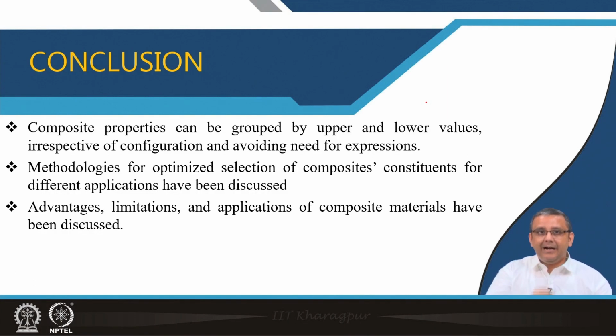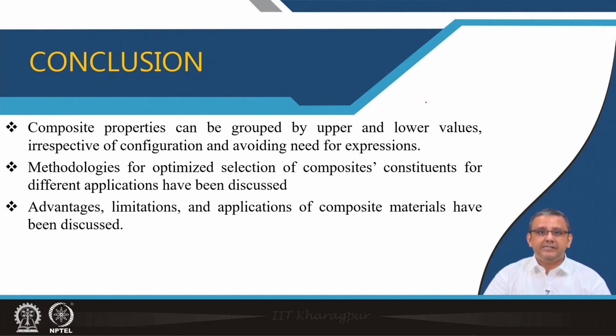So, with this we come to the conclusion of today's lecture. In this lecture we have discussed that composite properties can be grouped by the upper and lower values, typically called the upper bounds and the lower bounds, and irrespective of the configuration and orientation of the reinforcements, the properties of the composites must lie within those upper bounds and lower bounds. Then we also showed the methodologies for optimized selection of composite constituents for different applications.